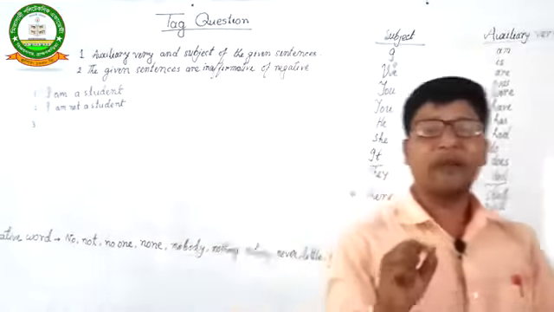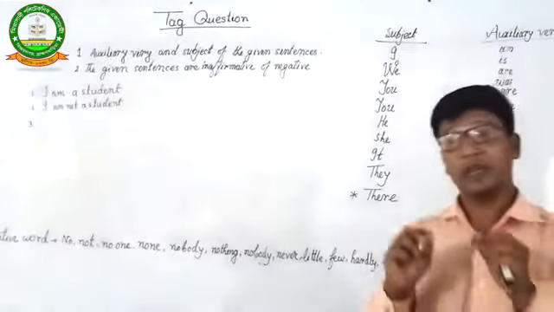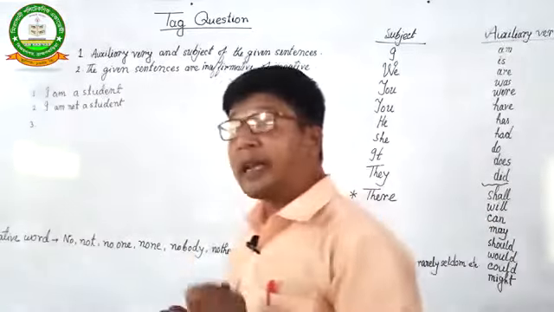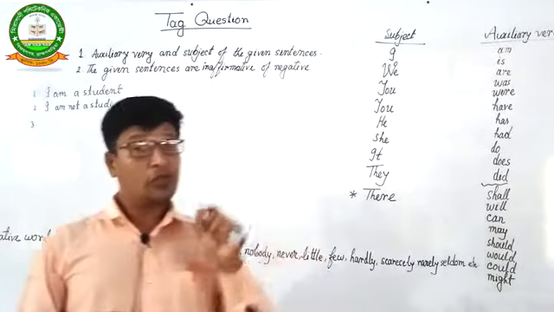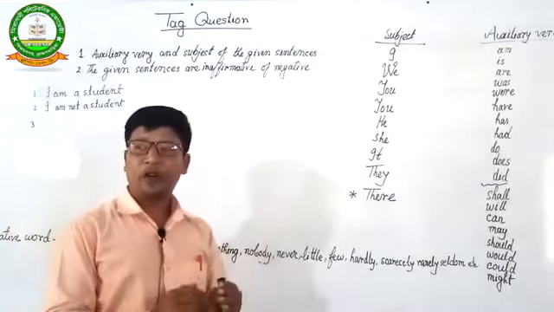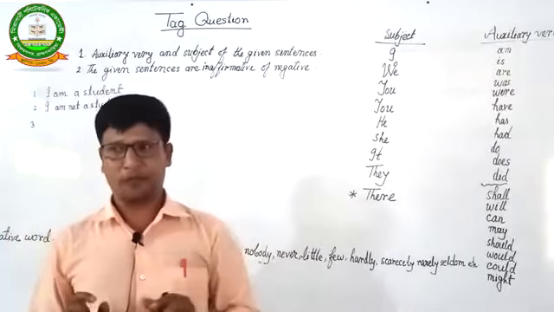If the sentence is in affirmative form, we will use the negative form of the auxiliary verb. And we should remember that the negative form is always in short form.